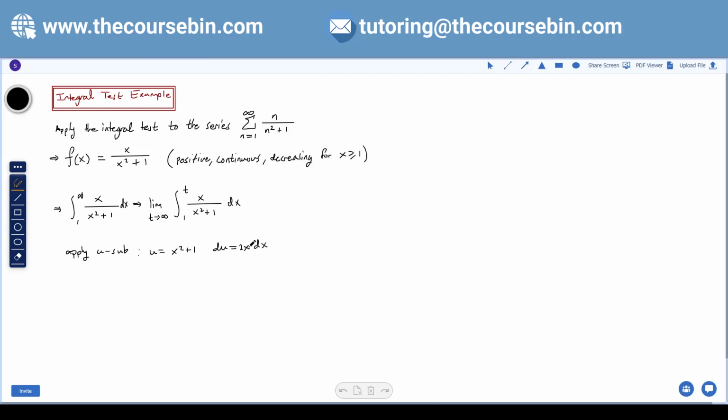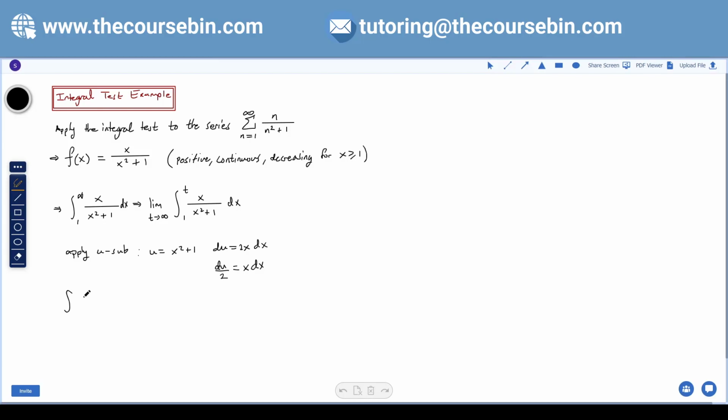Right? And then we just need to divide by 2, which will give us 1/2. And now we can substitute everything in. Right, so we can take the limit. 1/2 of x over u, with the little line thingy, I believe.